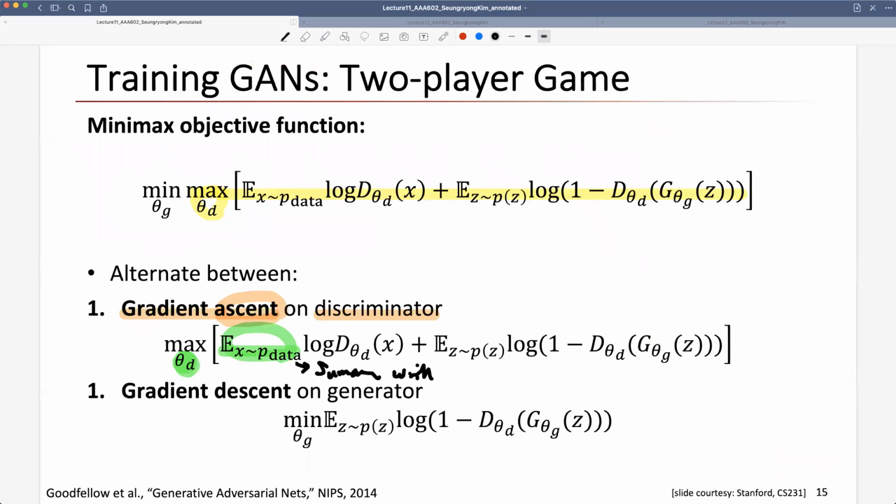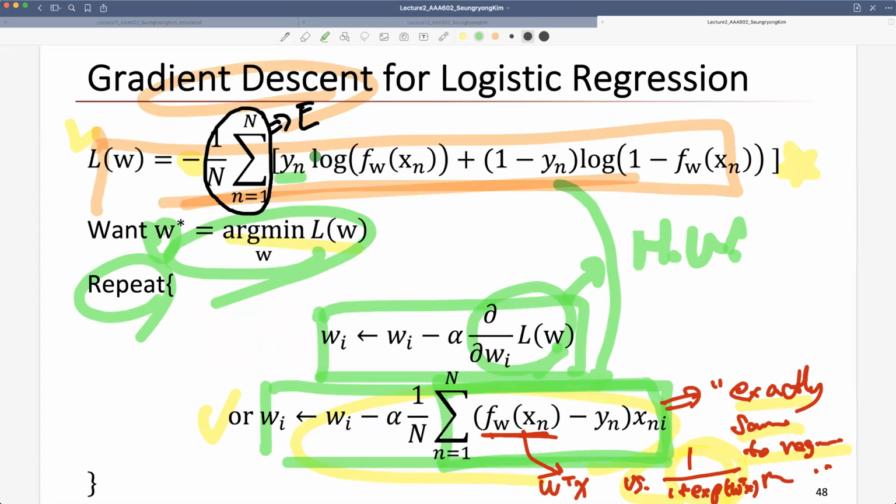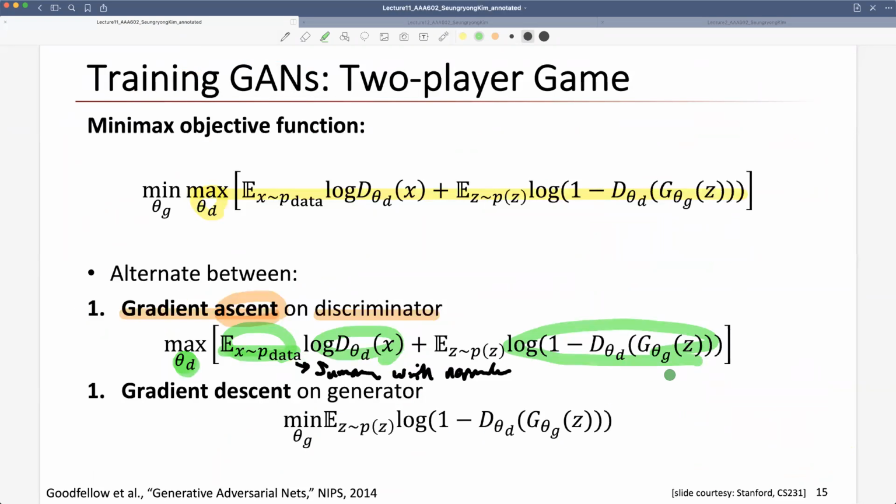So this is summation with normalization, right? And this is for the real case, and this term is for the fake case, right? So this is just the gradient ascent on the discriminator case. 알겠죠? 그래서 yn이 1인 경우가 리얼 케이스고, 페이크인 케이스는 yn이 0인 경우라서 완벽하게 똑같은 식이죠. 그러니까 어렵지 않게 따라올 수 있을 거고.